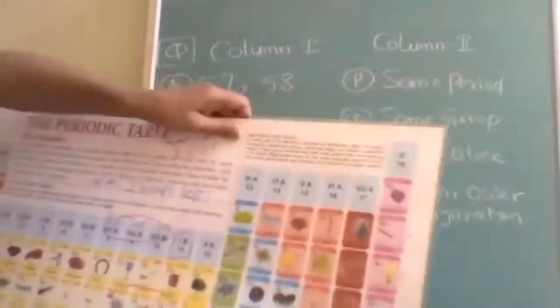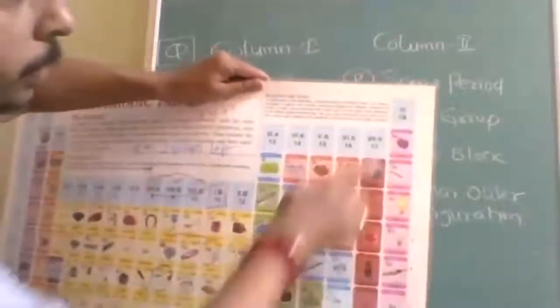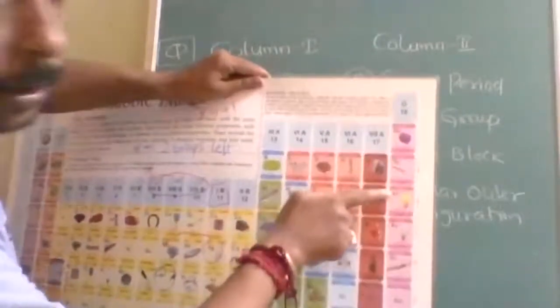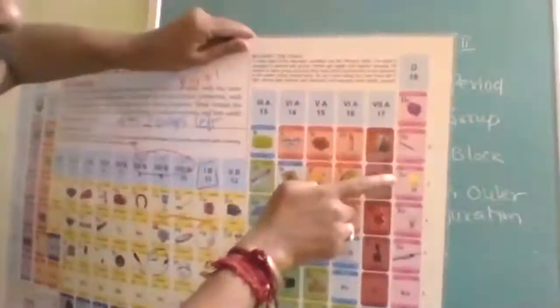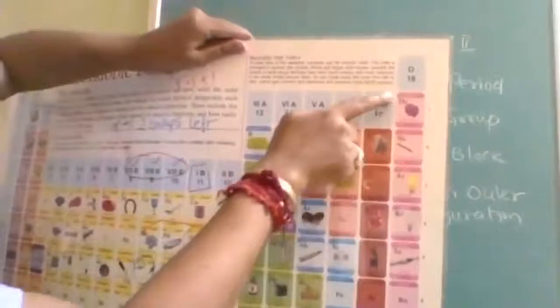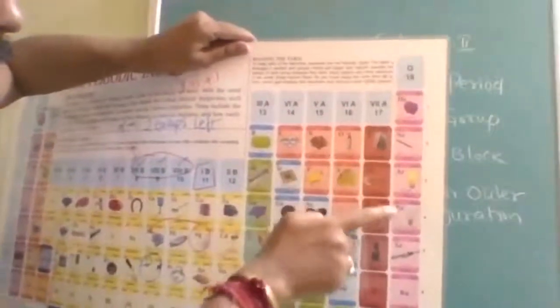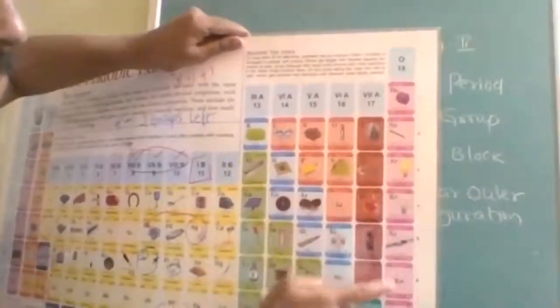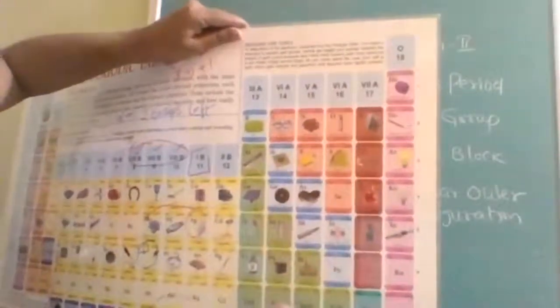Okay, now listen carefully. See, this is a live update. What you have to remember are these atomic numbers: 2, 10, 18, 36, 54, 86 and 118. These are the numbers you have to remember.